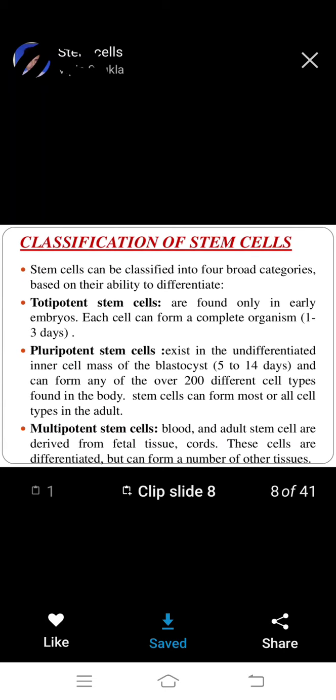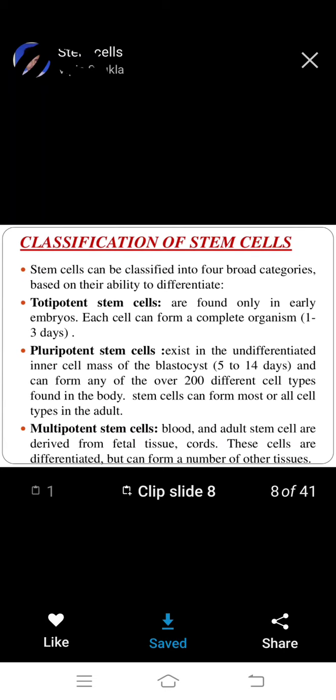Pluripotent stem cells are differentiated from totipotent cells. The cells that can be modified into all other cell types except placenta are known as pluripotent stem cells.